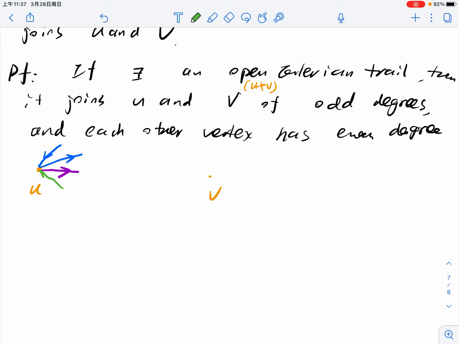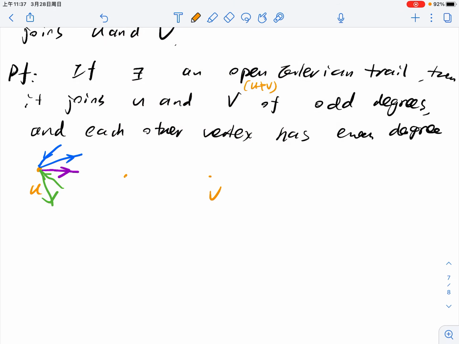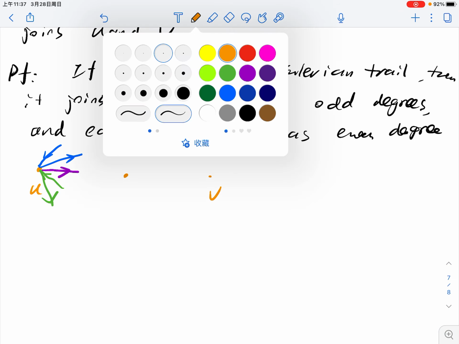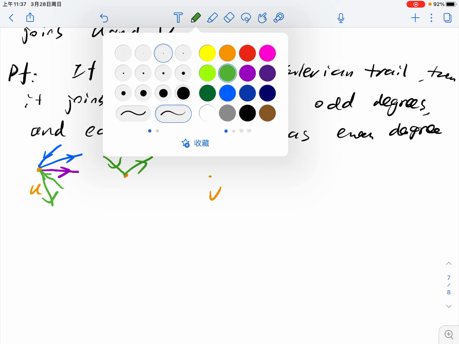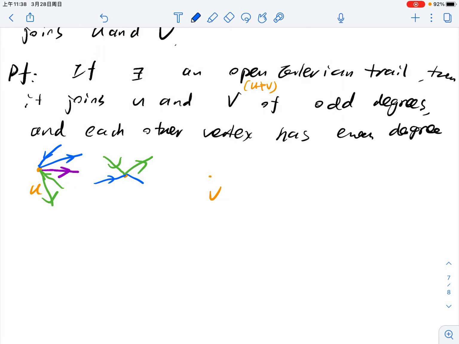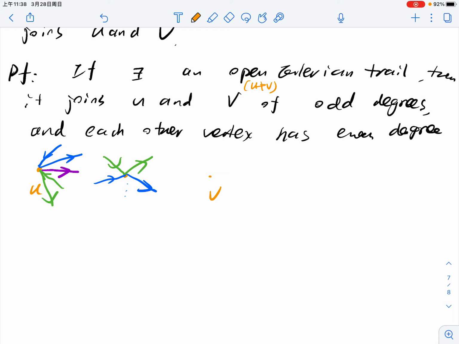And for the intermediate vertex, whenever you have one edge in, you have one edge out. And for the endpoint, it's similar to the starting point. Therefore, if you count the degree locally, it's easy to verify the theorem.